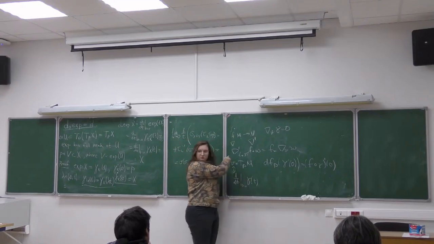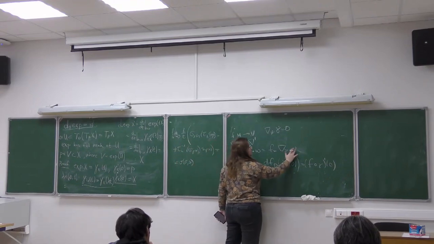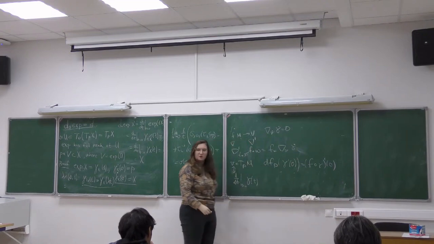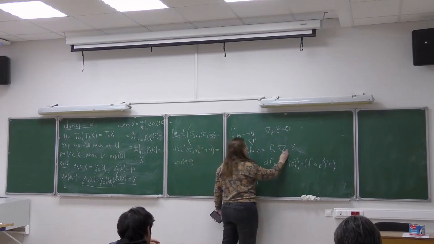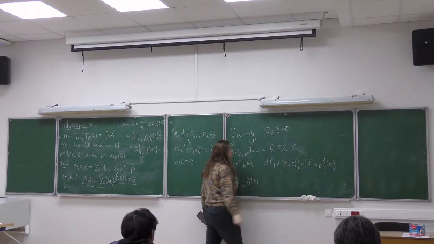Let's use this formula. For W, we get one point, and for V, we can also write one point.